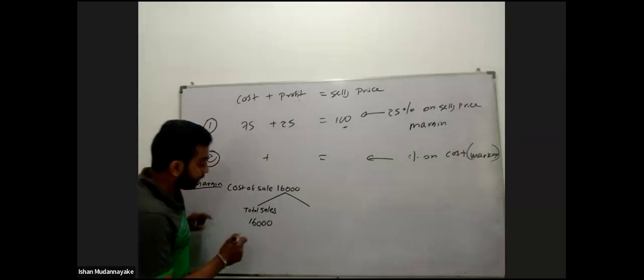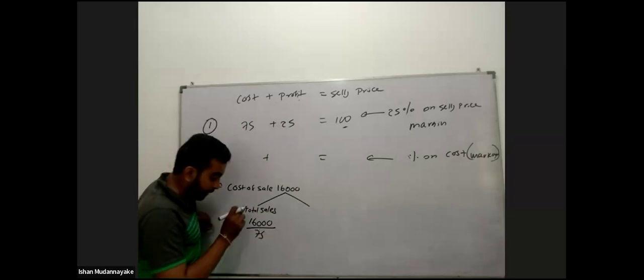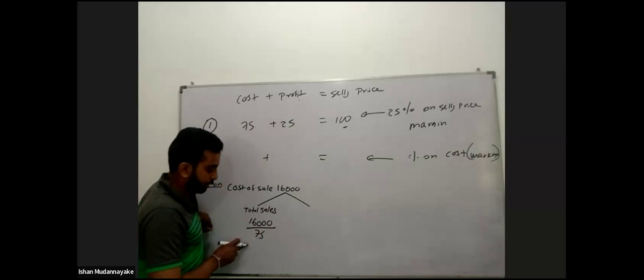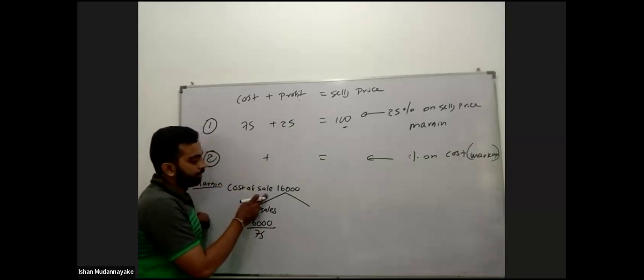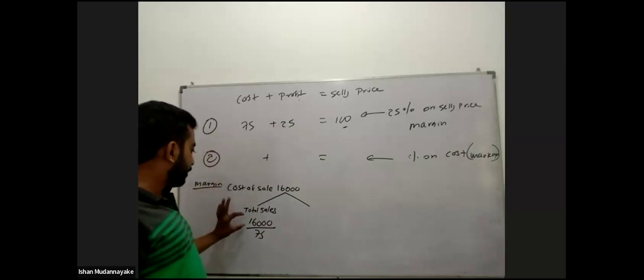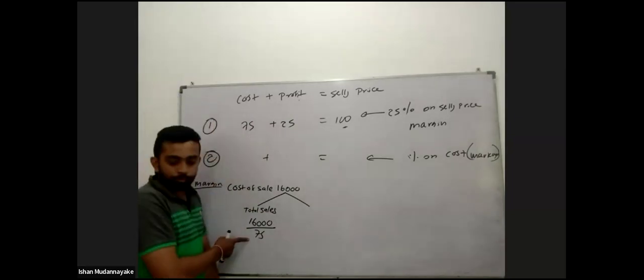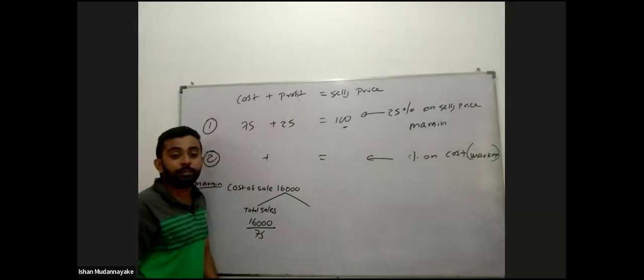The equal amount is 75. Divide by the equal amount. No, the examiner has given the cost of sales, so from this selling price calculation, the equal amount to 16,000 is 75. Divide by the equal amount, multiplied by the required amount.